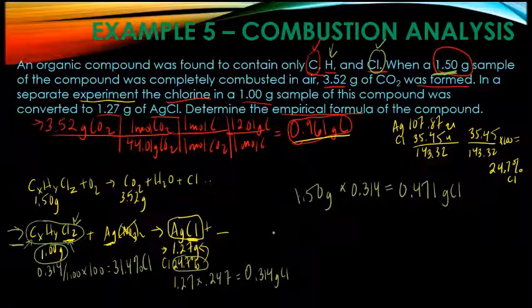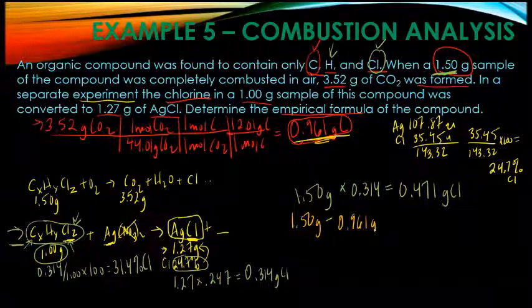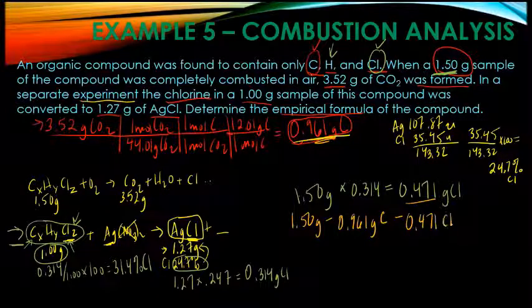All right, so let's go ahead and subtract that out. Our original compound amount, the 1.50 grams. Subtract out our carbon here, 0.961 grams. That was the carbon. Subtract out your chlorine. And that's going to give us our grams of hydrogen.